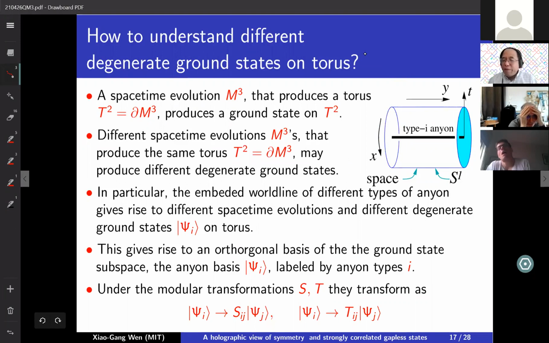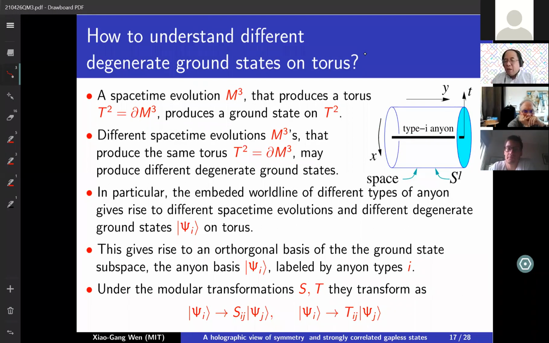Then we fill the cylinder and imagine the radial direction as the time direction. It's like a universe, and we have a big bang at the center. We start from nothing, then our universe expands and becomes a torus. On the surface, we get a ground state. This time evolution gives us a ground state.